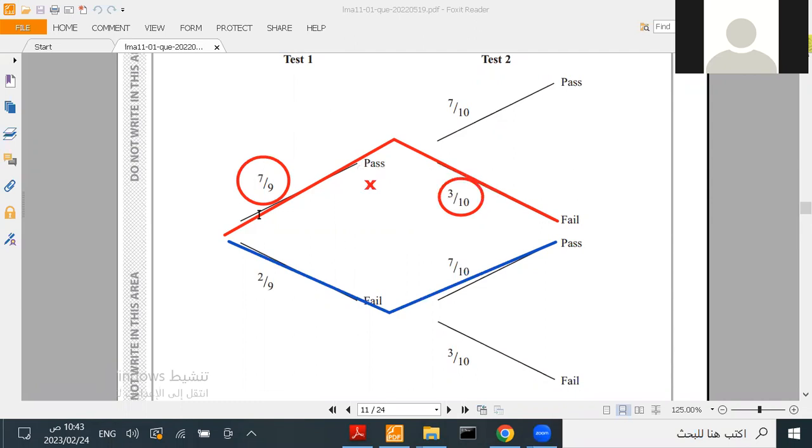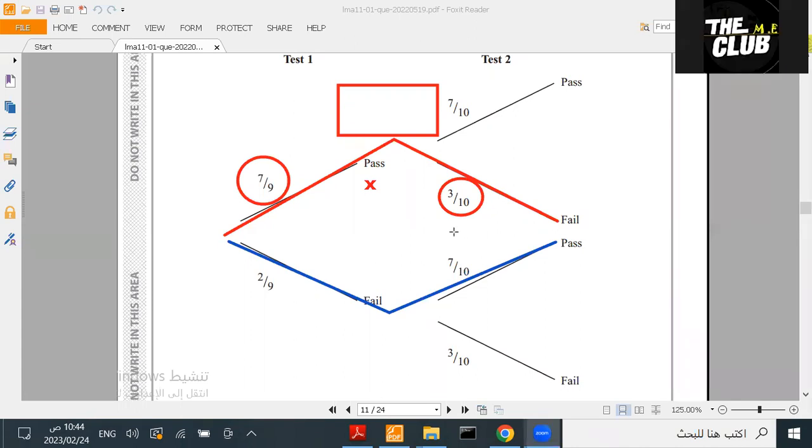Get the answer. We take 7 over 9 multiplied by 3 over 10. What will we get? I'll put the answer here. 7 over 9 multiplied by 3 over 10. You can use a calculator. 7 over 9 times 3 over 10 gives 7 over 30, which is the same as 21 over 90.